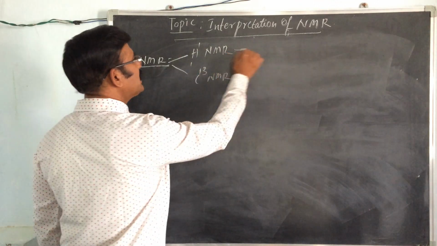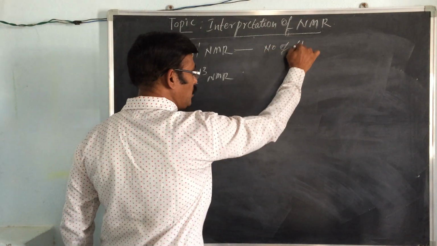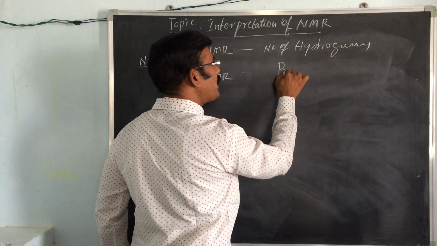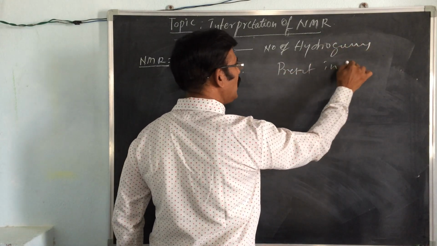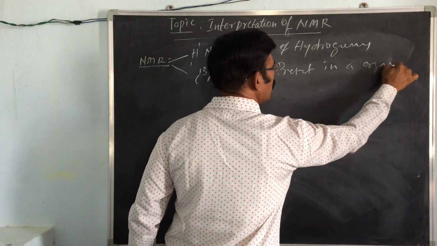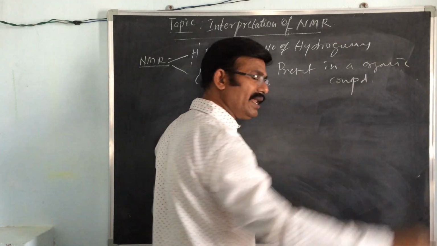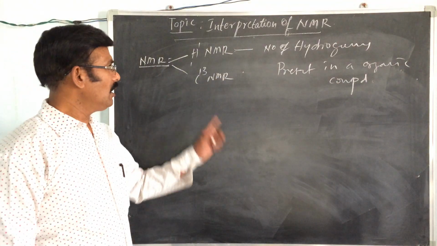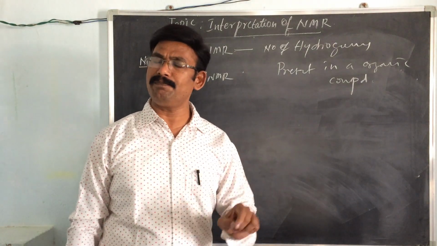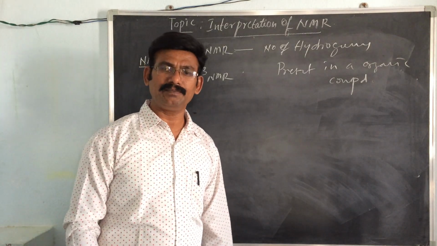This gives the number of hydrogens present in an organic compound or given sample, or the number of carbons present in a given sample.